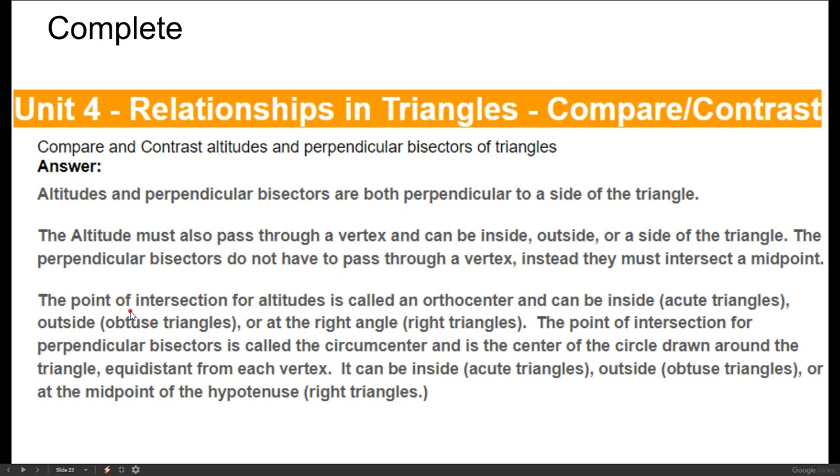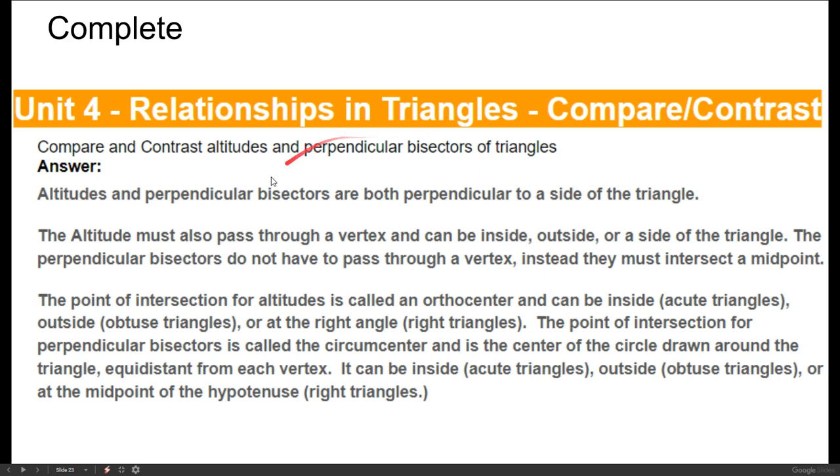"The point of intersection for an altitude is called the orthocenter and can be inside acute triangles, outside obtuse triangles, or at the right angle in right triangles. The point of intersection for the perpendicular bisectors is called the circumcenter and is the center of the circle drawn around the triangle, equidistant from each vertex. It can be inside acute triangles, outside obtuse triangles, or at the midpoint of the hypotenuse in right triangles."